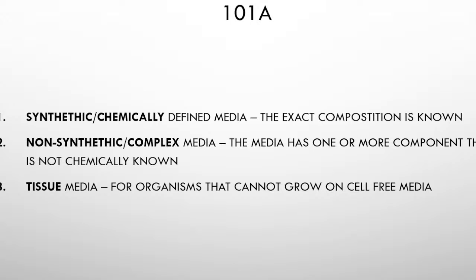Tissue media is used for organisms that cannot grow on cell-free medium. Give me an example of a tissue media. Anybody on the chat? I'll give 15 seconds on the clock. Again, this is another prized question because they were asking me for a second chance. Let me repeat the question first before you start answering.